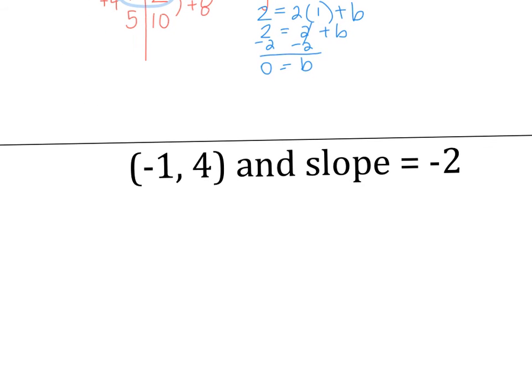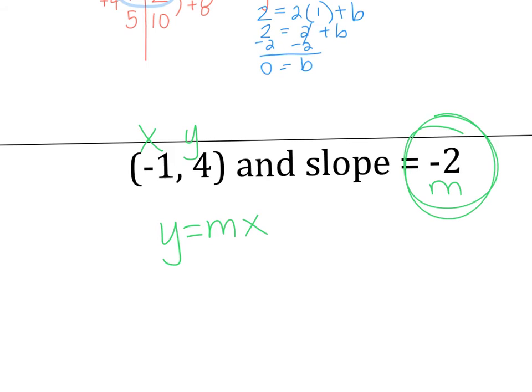So really, we're doing the exact same thing we just did. We're going to take x and y, and this is m, and we're going to plug them into y equals mx plus b, and we're going to find b. So 4 equals -2 times -1 plus b.